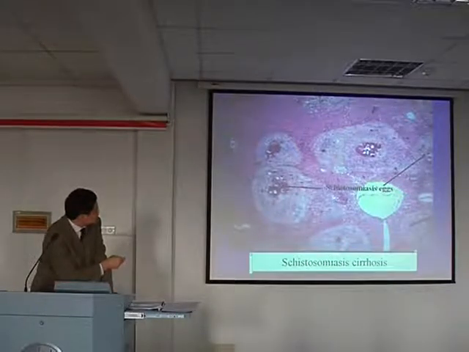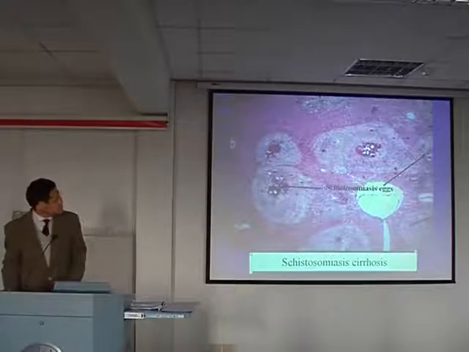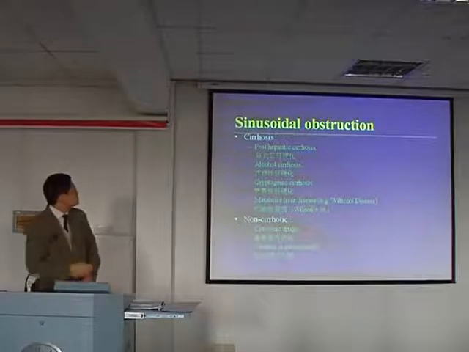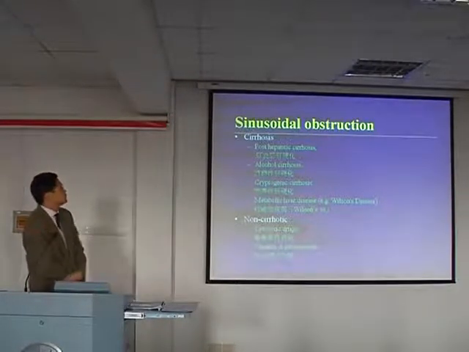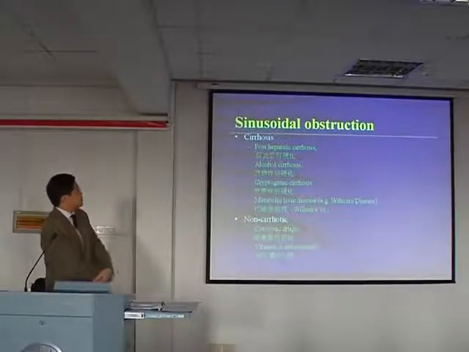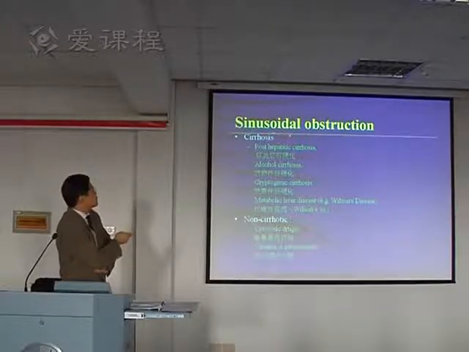The arrow points to schistosomal eggs in the portal vein. Sinusoidal obstruction, cirrhosis. The first important disease is cirrhosis.